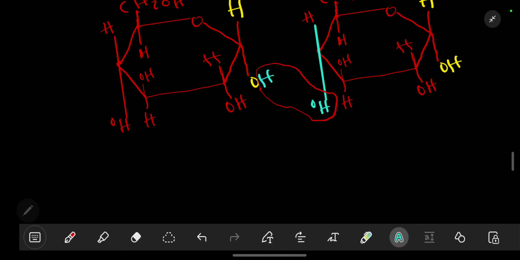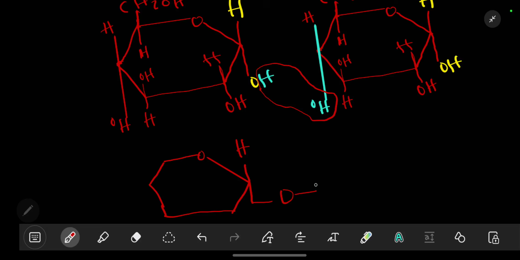Then if we combine them, for the sake of simplicity, we are going to just show what is bonding there. So we could have something like this. Hydrogen is remaining. Then here we are going to put our oxygen there, combine it like that.